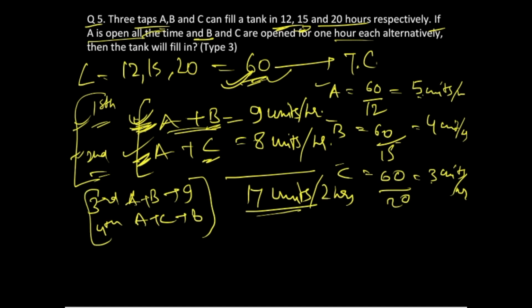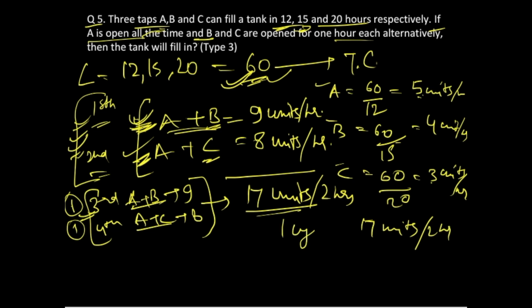So if you consider this as the first cycle, in the second cycle again the same thing is getting repeated and 17 units are being filled in the tank in 2 hours, because for 1 hour A plus B is working and for 1 hour A plus C is working, right? So 17 units per 2 hours forms your one cycle, and this thing is getting repeated after every 2 hours, right?